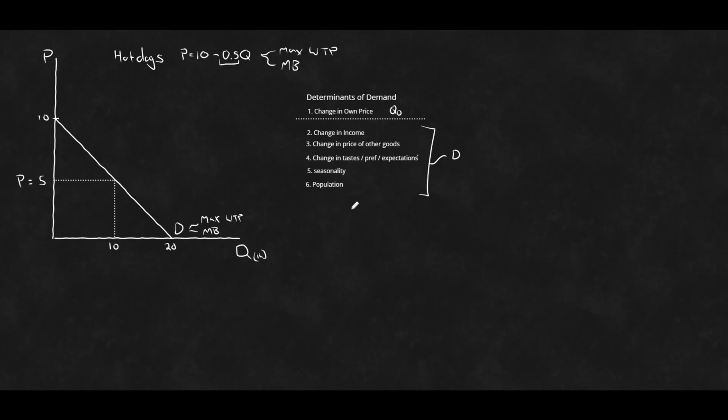I kept explicitly referencing that every time we said a change in income, a change in the price of something else, a change in taste, preferences, expectations, seasonality, population. We're saying, let's presume that prices are fixed at $5 for that fixed price level. Do we want higher quantities or lower quantities? The result of that is the entire demand either shifting higher to the right or shifting lower to the left.